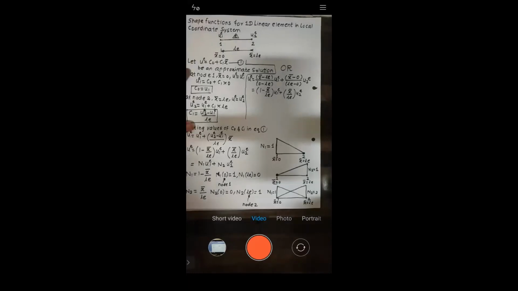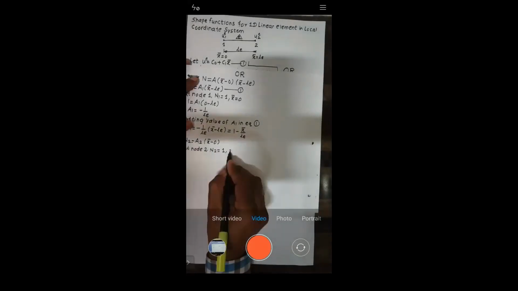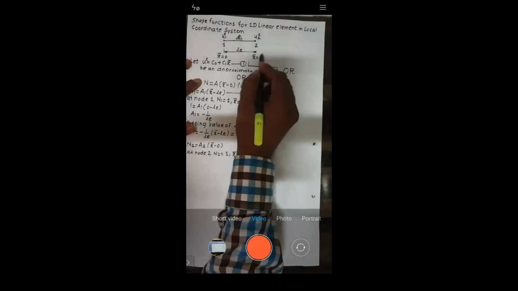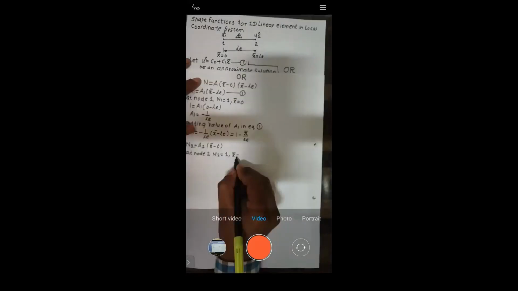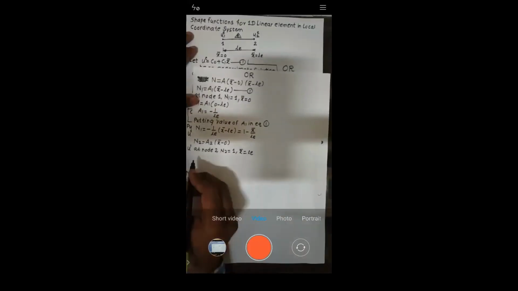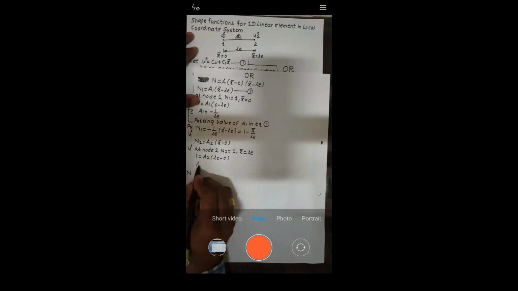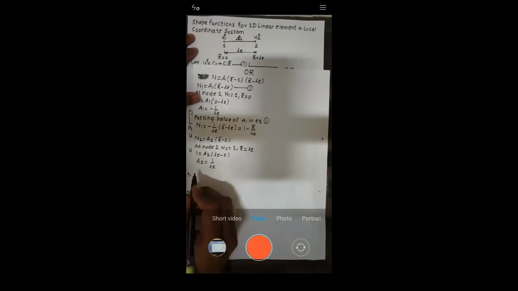Right, so at node 2, obviously N2 is 1. And what is the value of x bar at node 2? It's LE. So put those values. N2 is equal to 1 is equal to A2 into (LE minus 0). So you'll get A2 is equal to 1 by LE.